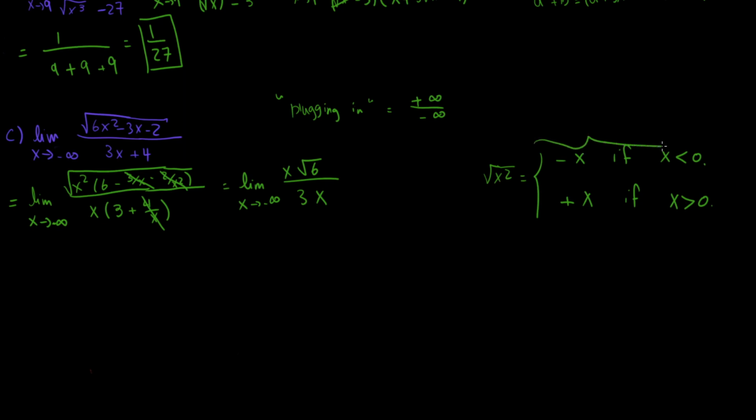Keep in mind that this is the definition of the absolute value of x. So the square root of x squared is not really equal to x, but it's equal to the absolute value of x. The only mistake I really made here is I brought x out, whereas I should have brought negative x out, because the square root of x squared, when x is negative, is negative x. It's not positive x. And now it works out. Your x's cancel each other out. You're left with negative square root of 6 over 3.